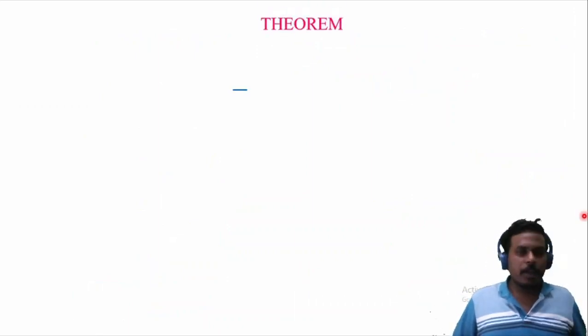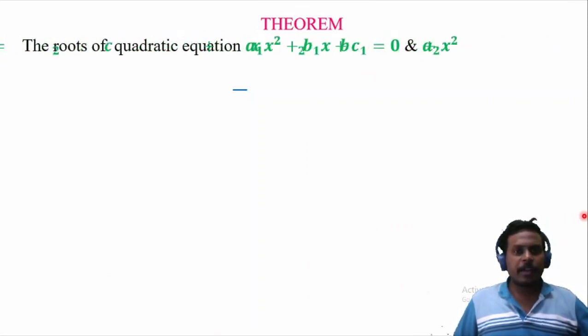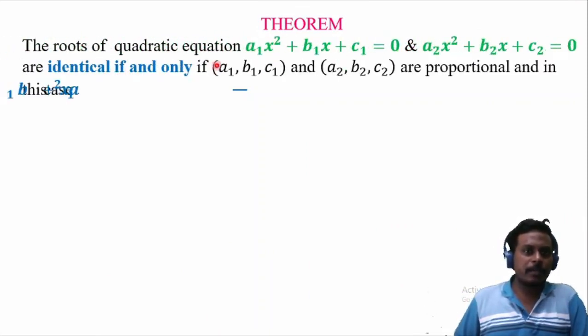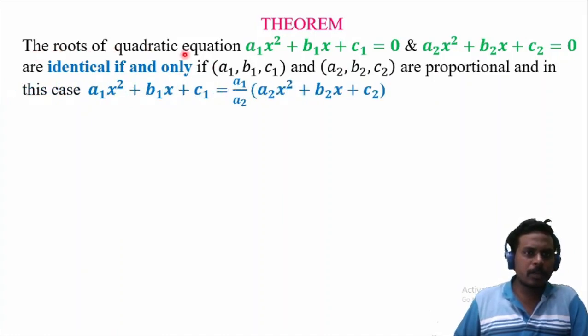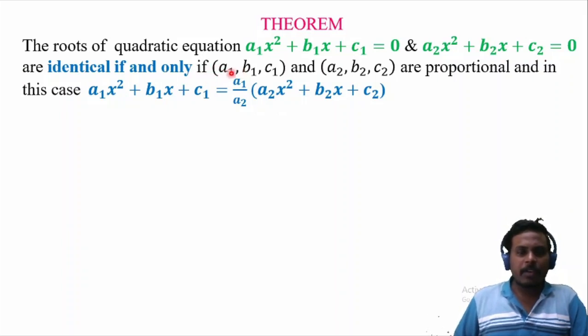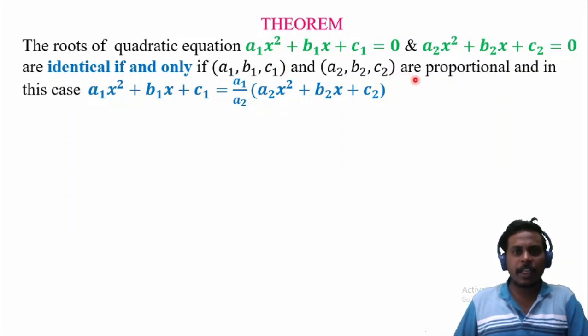Before getting into further problems, let me discuss a theorem here. The statement of the theorem goes like this. The roots of the quadratic equations a1x square plus b1x plus c1 is equal to 0 and a2x square plus b2x plus c2 is equal to 0 are identical if and only if the coefficients a1, b1, c1 and a2, b2, c2 must be proportional.